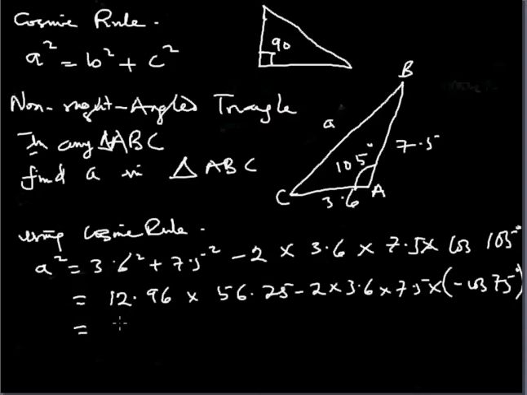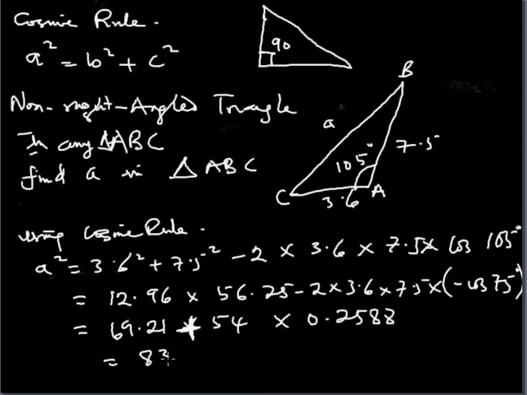This is the same as 69.21 plus 54 times 0.2588, which is 83.19. So a is equal to the square root of 83.19, which is 9.12.